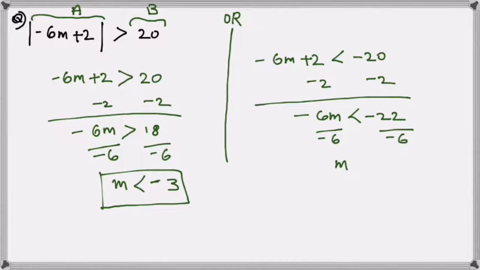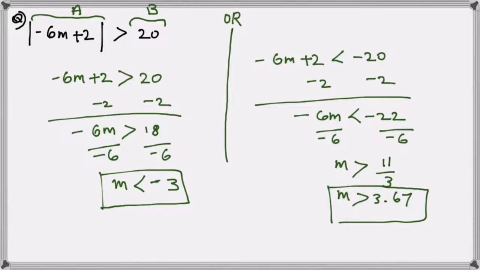So m is greater than 11/3. That would be m greater than 3.67.